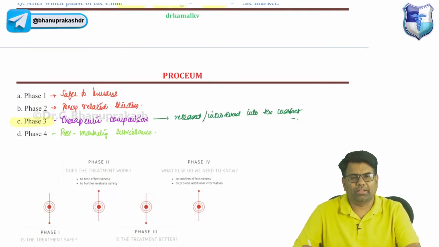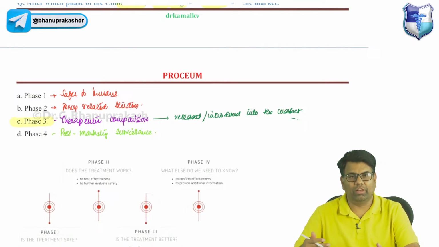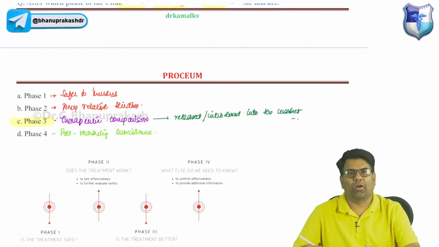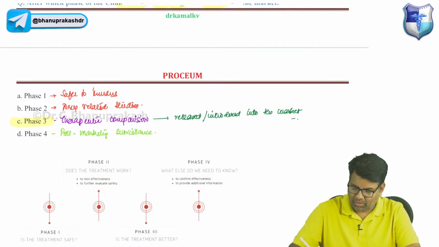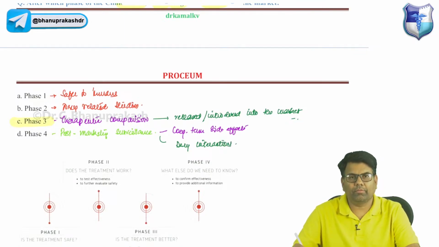Once the drug is in the market, we will have a tie-up with the physicians who will prescribe this drug to their patients, and then we will study the long-term side effects, or we will study the drug interactions with other drugs. If this particular drug is given with some other drug simultaneously, what kind of interaction will come out, that is studied in phase 4.